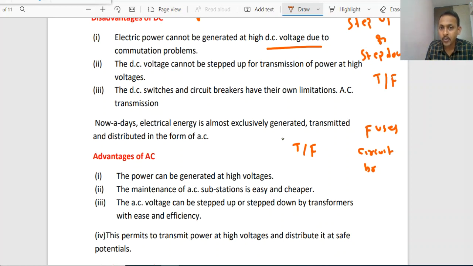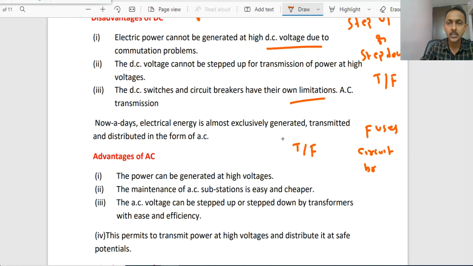Maintenance of all those equipment will be very difficult if it is to be done with the help of DC. With a DC setup, the switchgear maintenance, construction or operation will be a little bit complex, right? They have their own limitations with respect to the DC.